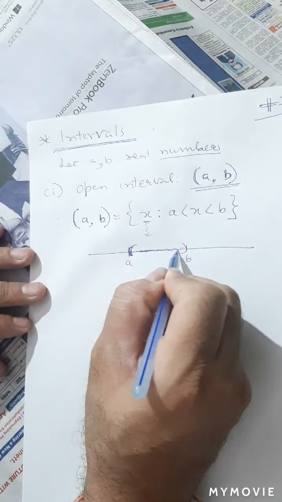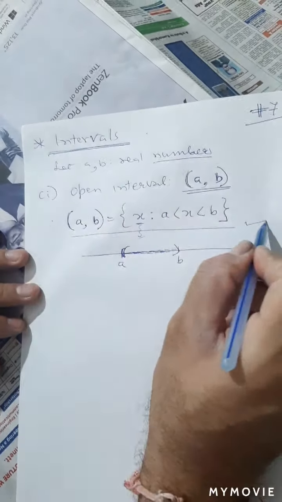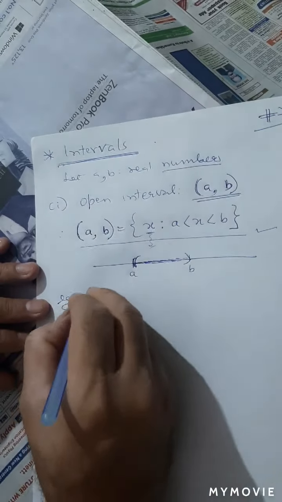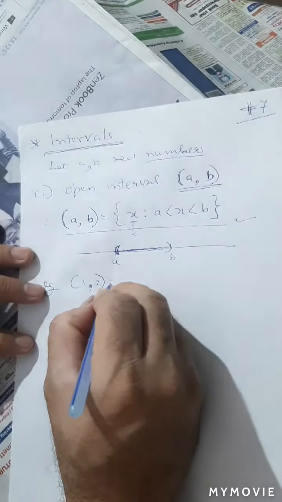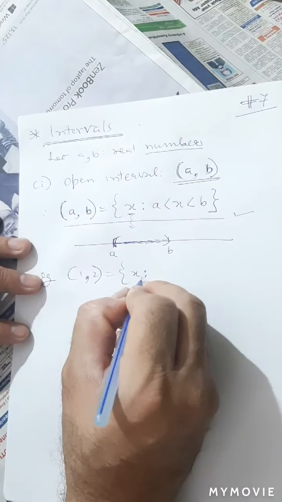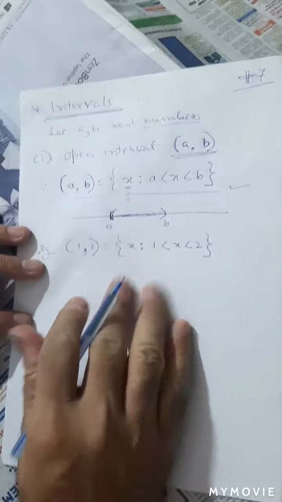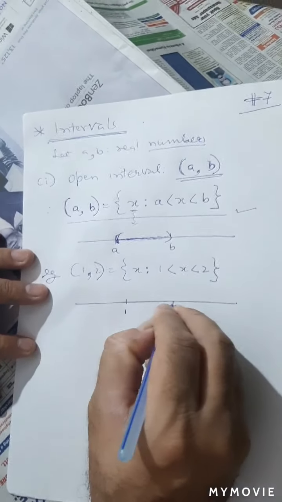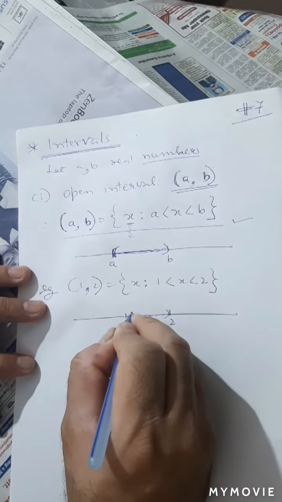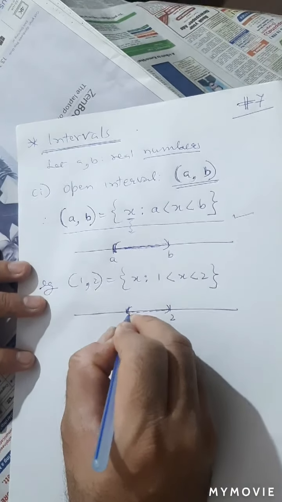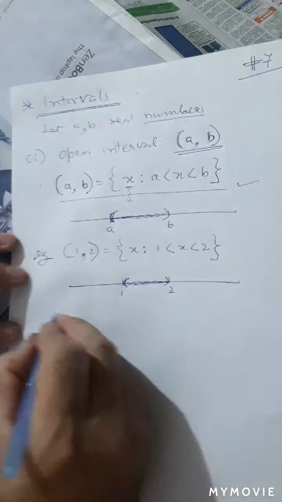This is an infinite set, remember, because there are infinitely many numbers between A and B. For example, open interval 1 comma 2 is all x, that is all real numbers between 1 and 2. If this is 1 and this is 2, then all these numbers between 1 and 2 form the open interval 1 comma 2.